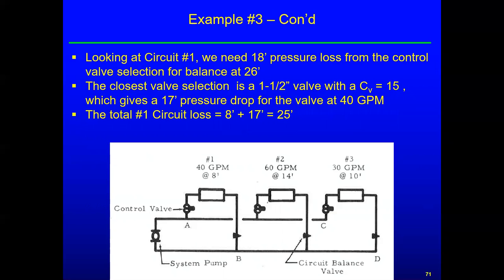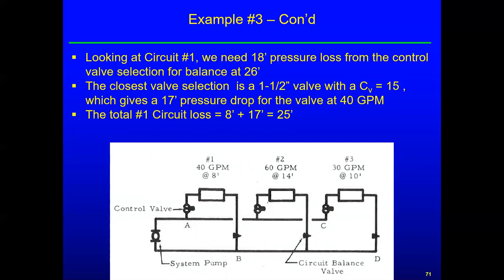Looking at circuit number 1, we need 18 feet because I'm at 26 and I have 8. So that means I need 18, because 8 and 18 is 26. The closest valve to that is going to be a CV of 15. We selected this CV a little bit higher because we don't want this pressure drop to be greater than number 2.